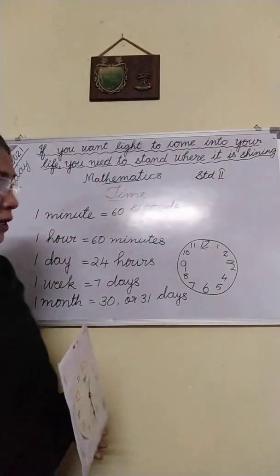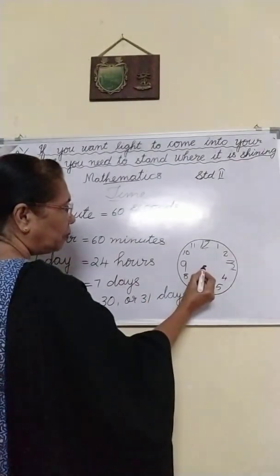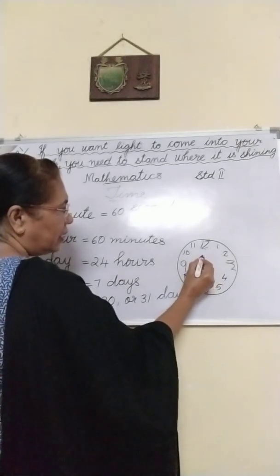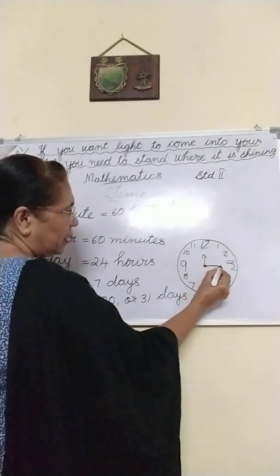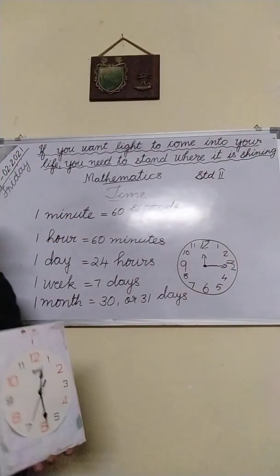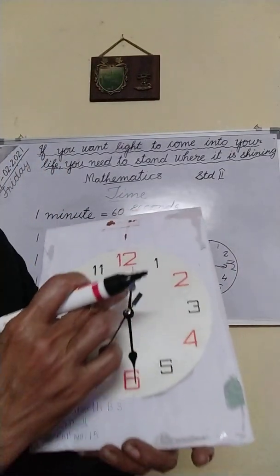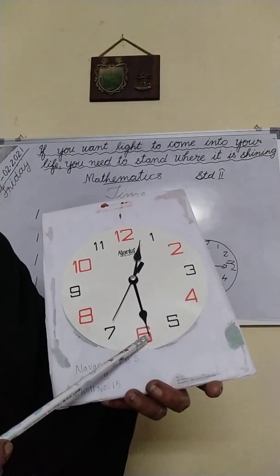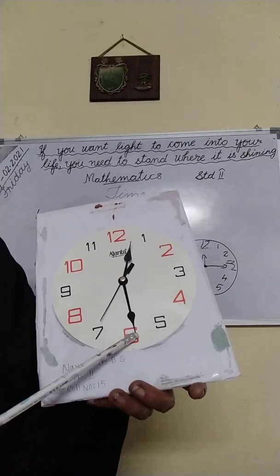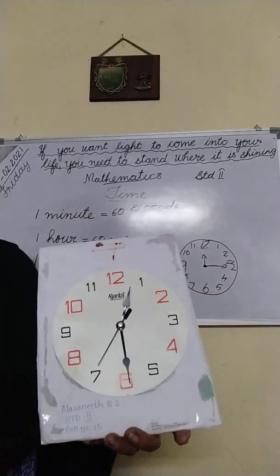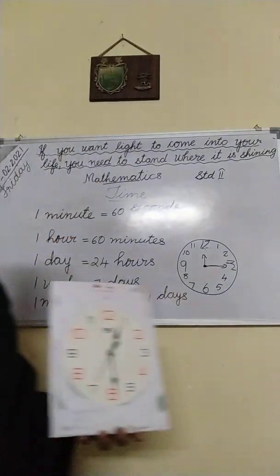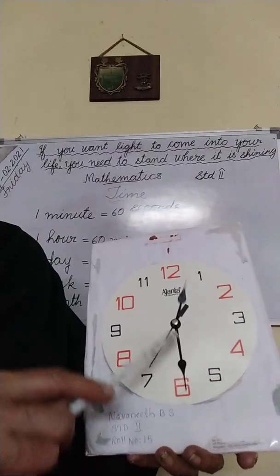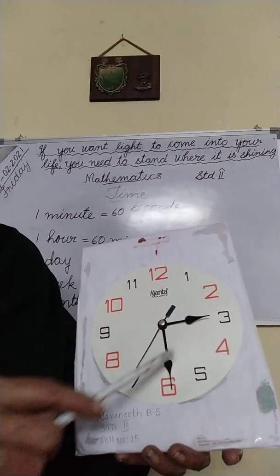So this is how you draw a clock, and here you draw a point here, and small hand is the hour hand, long hand is the minute hand. See, you can see here the difference. This is the hour hand, small hand is the hour hand. The long hand is what? Second hand. Now we were learning about quarter past. That means, the time that is past. Quarter past, once more I'll show you. We'll come to 3.